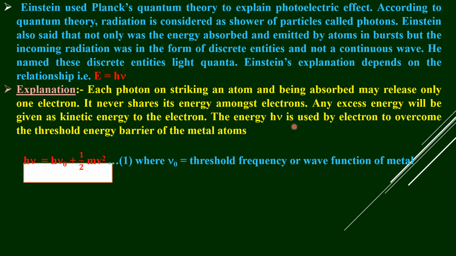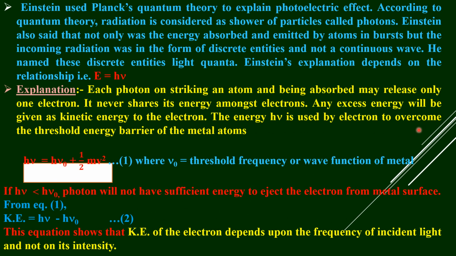The energy h nu is used by the electron to overcome the threshold energy barrier of the metal atoms. The equation then becomes h nu equal to h nu naught plus half m v square. This half m v square is the kinetic energy. Now what is this nu naught? This nu naught is called the threshold frequency. It is also known as the work function of a particular metal.